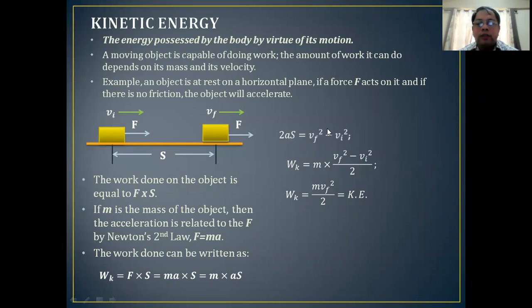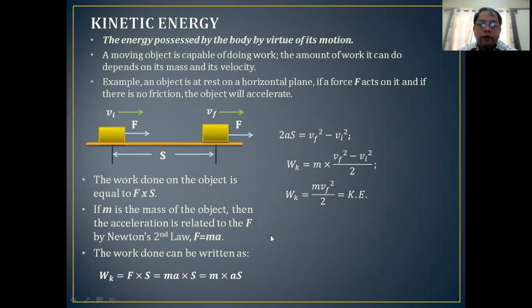Now the difference of their squares is actually equal to twice the acceleration times S. If we simply need aS, then we can divide by 2 on both sides of the equation. So aS can be equivalent to vf squared minus vi squared divided by 2.